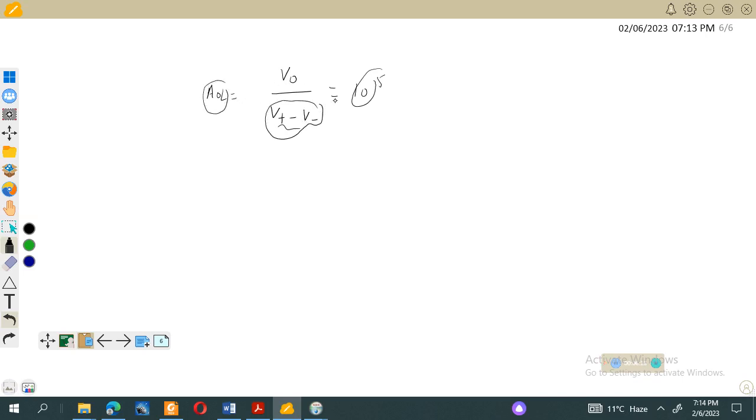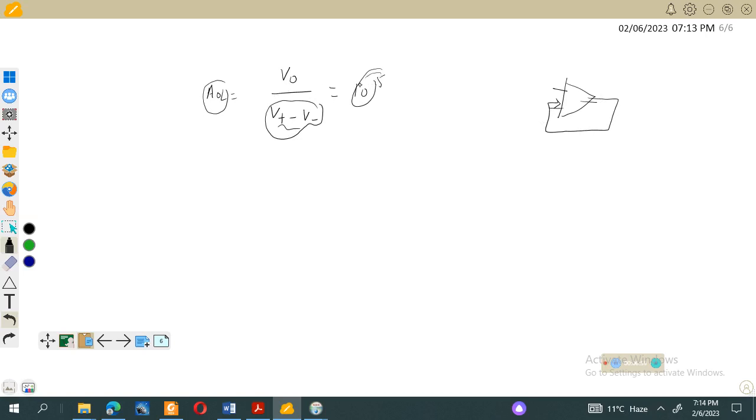Open loop gain means the output signal will not go back to the input. For example, if we obtain some output here, it will not go back again as input. So in this case we have two kinds of gain: closed loop gain and open loop gain. Here we have open loop gain, where the output is not fed back to the input. The gain here is 10 power 5.